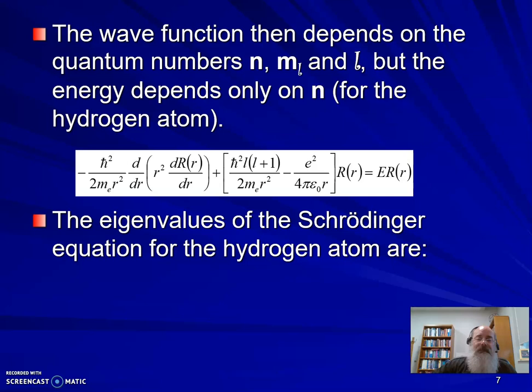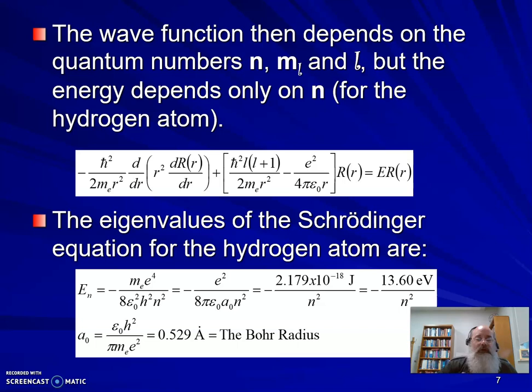Again, we could show this mathematically using those radial functions from the textbook, but the energy works out to be negative m_e squared, where m_e is just the mass of an electron, times e to the fourth over 8 times the permittivity of free space squared, h squared, n squared, and that can be simplified a little bit to get us down to this, which means that the energy is just a certain number of joules over n squared. The energy goes as 1 over n squared.